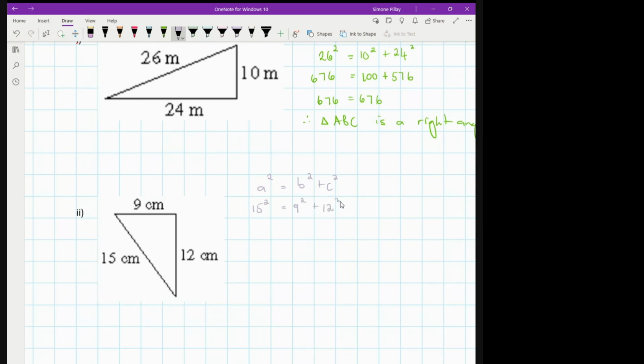So, ma'am, it's going to be 225 is equal to 81 plus 144. Then it's going to be 225 is equal to 225. And you say, therefore, triangle ABC is a right angle triangle. And then our reason is converse Pythag. Then you're done.